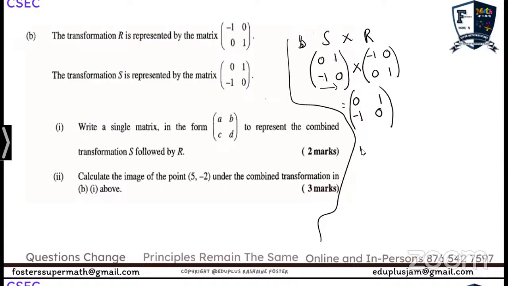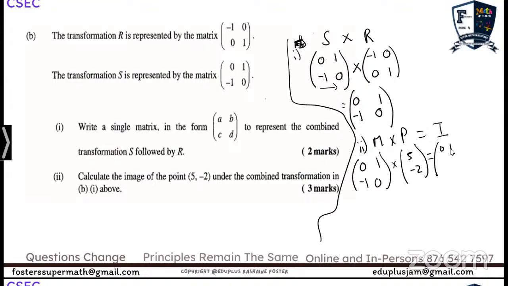As I always tell you, once they ask you a question like that, the question to follow will basically be using the transformation. So calculate the image of the point. So it's matrix times pre-image equals image. What's the matrix? 0, 1, -1, 0. What's the pre-image? 5, -2. And what's the image? All right, so 0 times 5 is 0, plus 1 times -2 is -2.